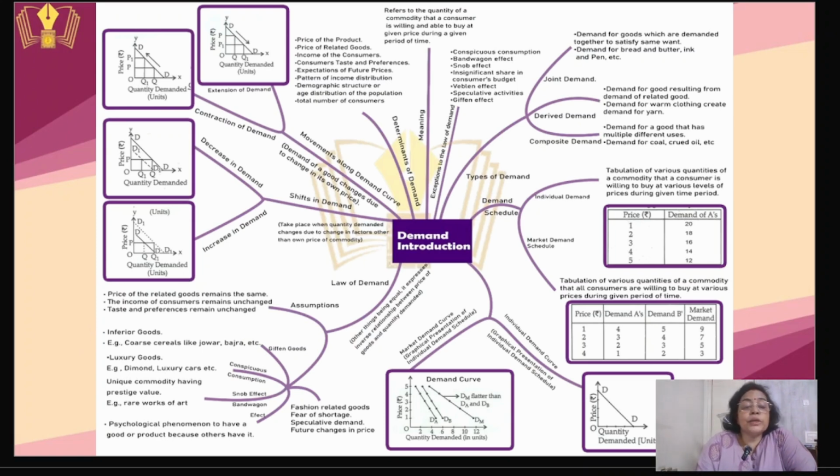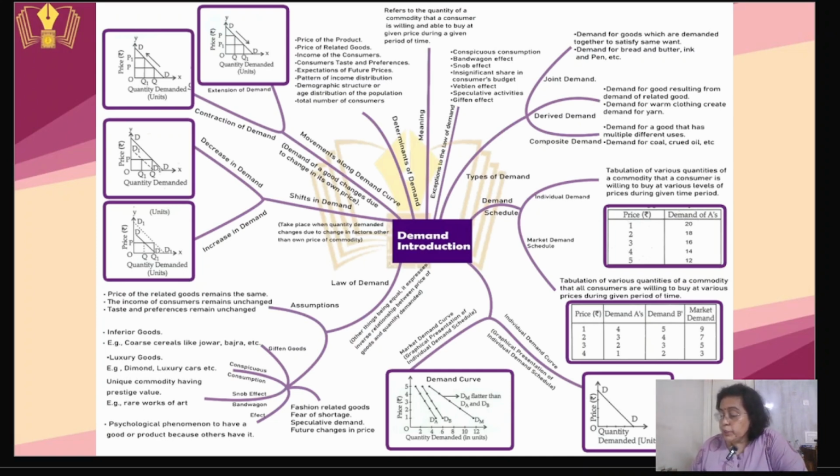Now, from here, we come to another concept, that there are certain exceptions to the law of demand. Now, what are these? Number one, conspicuous consumption, bandwagon effect, snob effect, insignificant share in consumers' budget, Veblen effect, speculative activities, Giffen effect. I hope all of you have gone through these points.